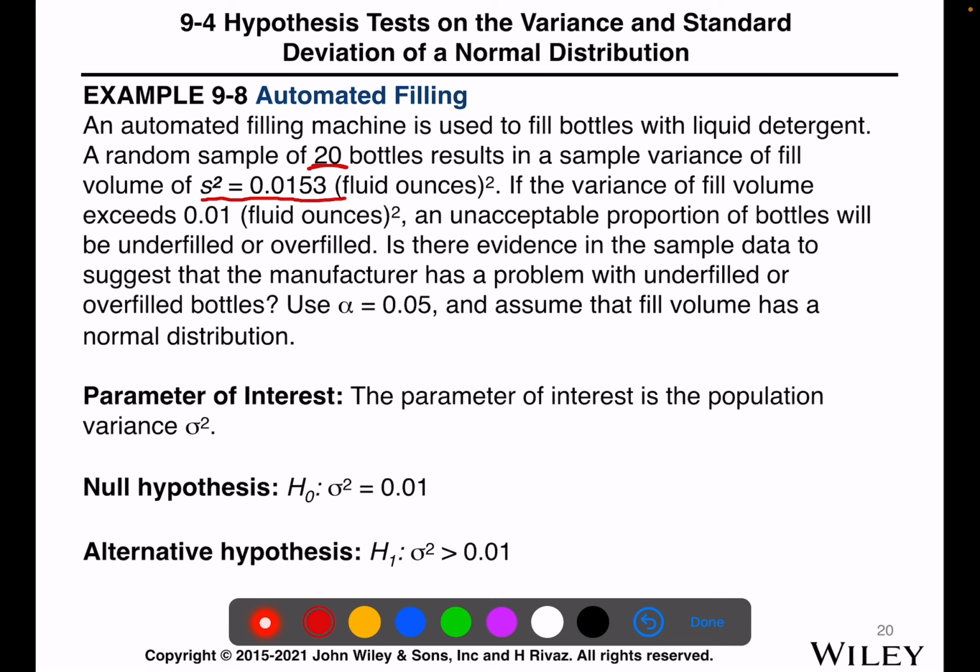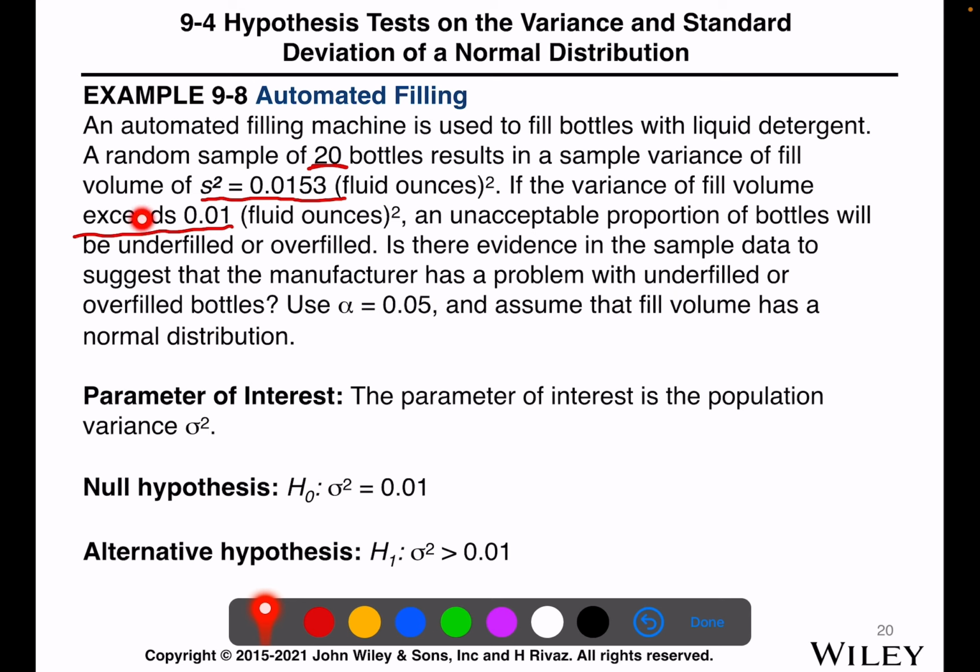If the variance of the fill volume exceeds 0.01, an unacceptable proportion of bottles will be unfilled or underfilled or overfilled. Is there evidence in the sample data to suggest that the manufacturer has a problem with underfilled or overfilled bottles? Use alpha equal to 0.05 and assume that the fill volumes follow a normal distribution, right?